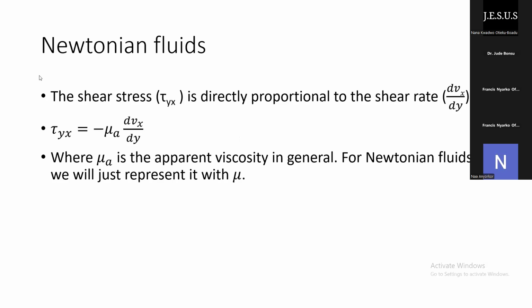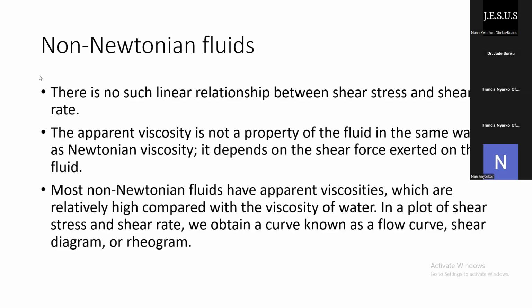Water has a viscosity, and that viscosity is constant based on the surrounding properties, with that temperature, for that particular water we are talking about. But for the non-Newtonian fluids, the viscosity here is not a property of the fluid in the sense that it changes depending on conditions like temperature, pressure, your shear stress, and your shear rate.